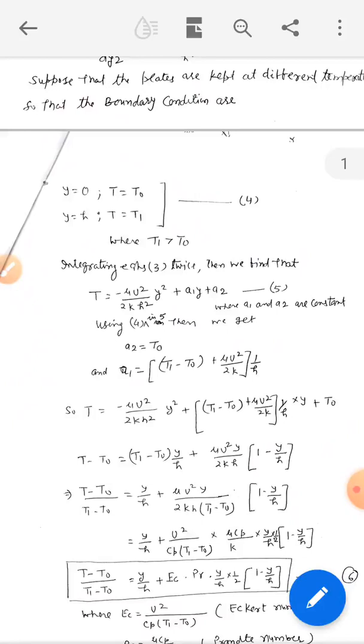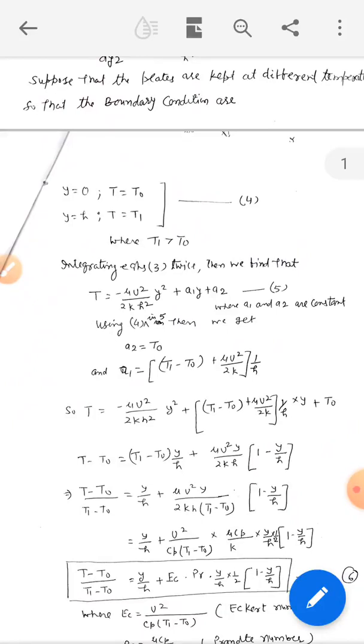So integrating equation 3 twice, we find that temperature T equals minus μ U²/(2κh²) y² plus a1 y plus a2. This is equation number 5, where a1 and a2 are constants. Using equation 4 in 5, we get the values of a2 and a1.